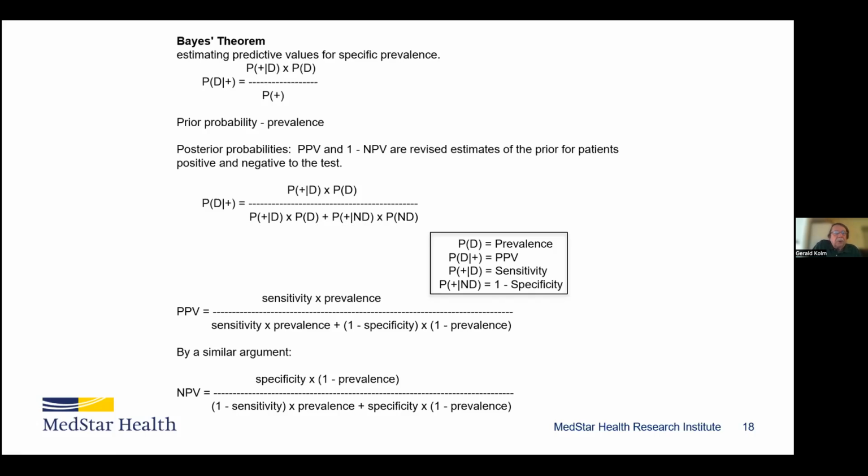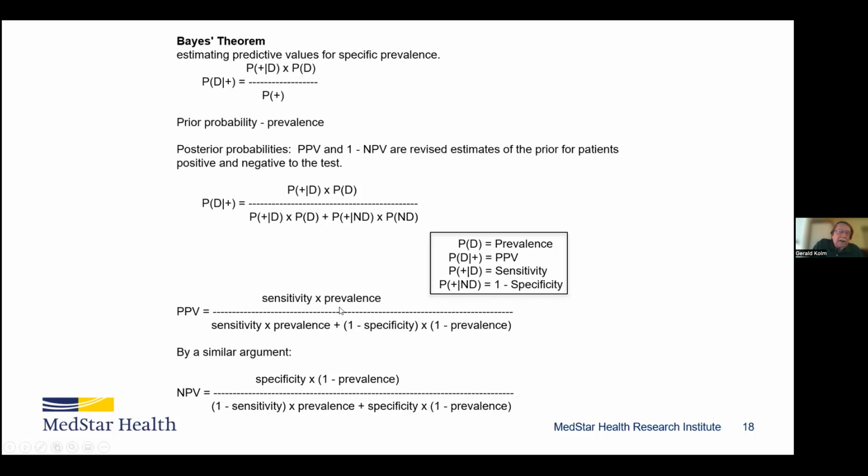In words, if we take the sensitivity times the prevalence and divide that by the sensitivity times the prevalence plus 1 minus specificity multiplied by 1 minus the prevalence, then we get a revised positive predictive value based on the prevalence in our population.